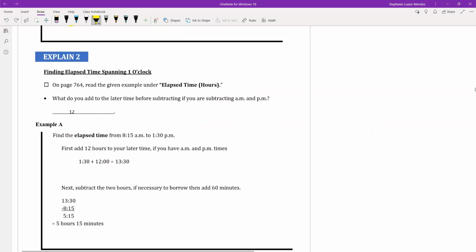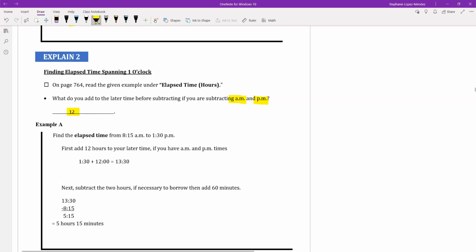So now I go to explain 2, finding elapsed time spent in 1 o'clock. My question is, what do you add to the later time before subtracting if you are subtracting AM and PM, right? So my answer is 12. Remember in the first example, I asked you to check if both times were AM or if both times were PM, right?